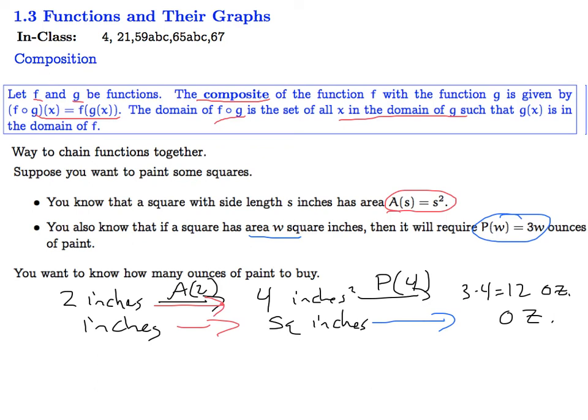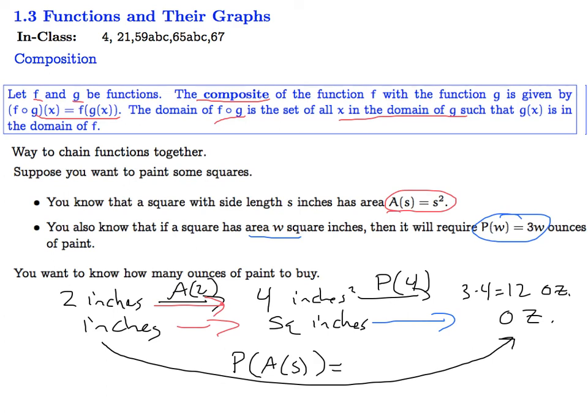And what we're going to do is compose these functions, that is, put them together in order to get one big function that goes right away from inches all the way to ounces. And this is going to be the p of a of s function. And so this function is going to end up being 3 times s squared.